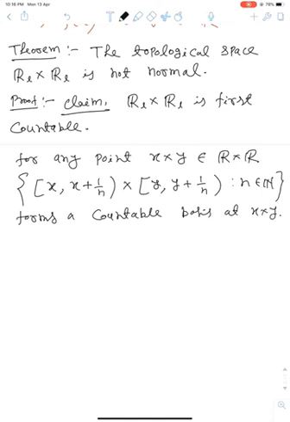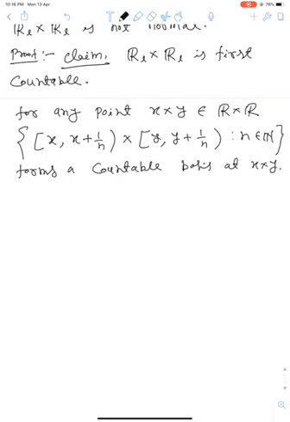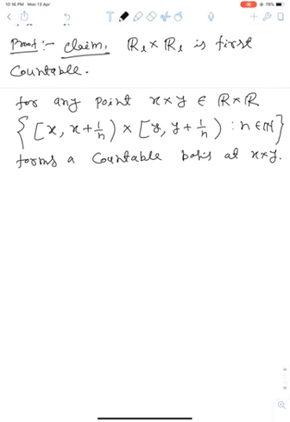So it is first countable. Now it is easy to see that RL cross RL has a countable dense subset, that is, it is separable.